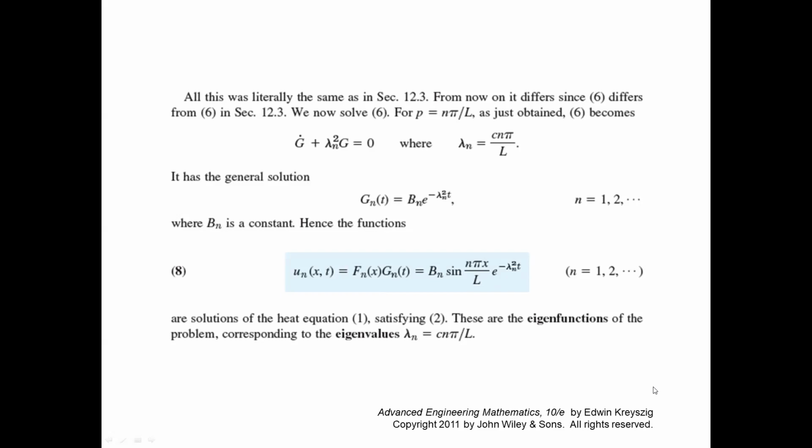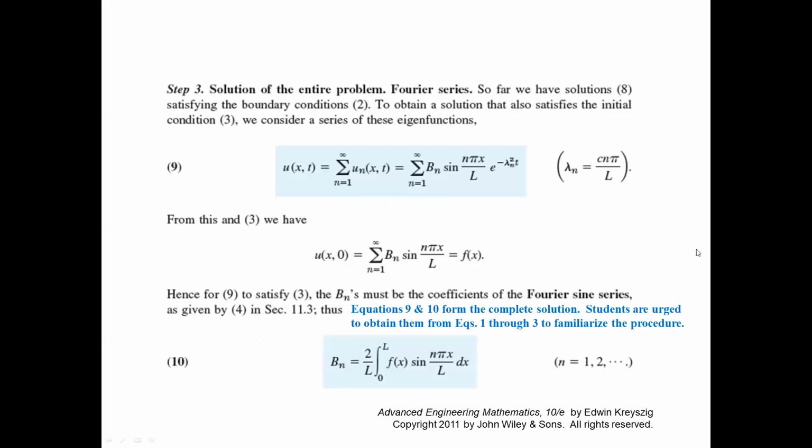And then at this moment, we notice if we want to find Bn, we can use the initial condition. And if we use just only one u sub n, we are not able to find this Bn very easily. If we use only one function without summation, using only one element, at t equal to 0, this reduces to one term.